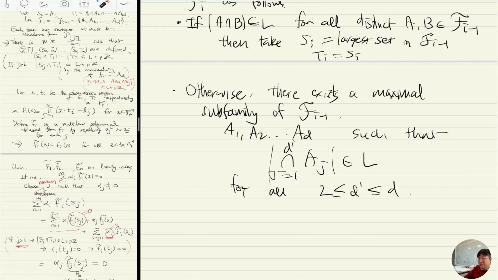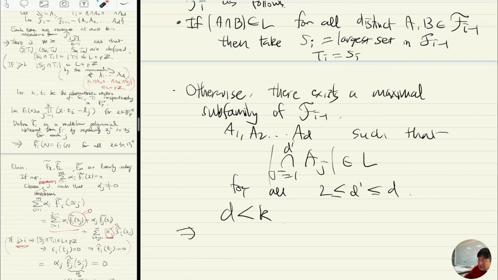Such a d' exists because I already assumed that there's some pair A, B where the intersection is not in L. That's the assumption. And if I take the intersection of k of them, then the intersection will be in L, so d is less than k.